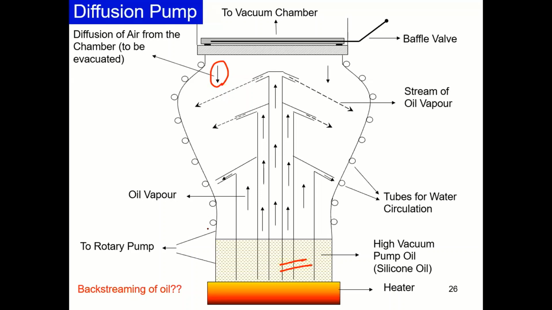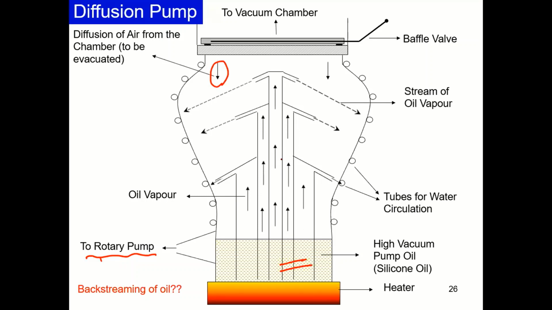Finally, it is connected with the rotary pump, and through the rotary pump it is vented out. It always runs in conjunction with, or is backed by, a rotary pump, because it works on the kinetic principle, that means momentum transfer. So this is the mechanism.